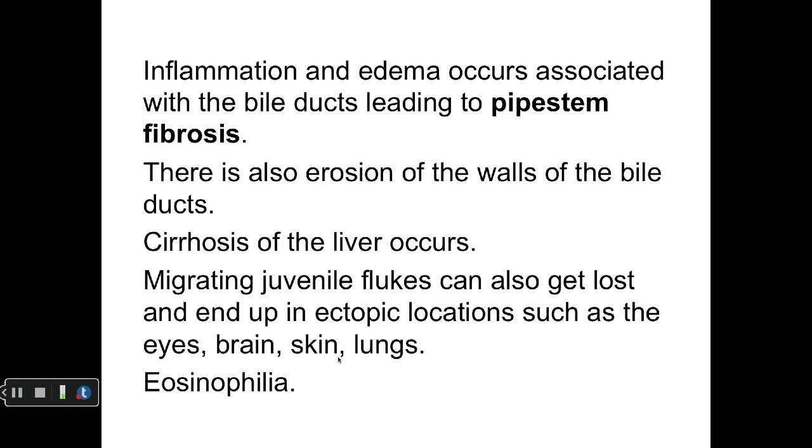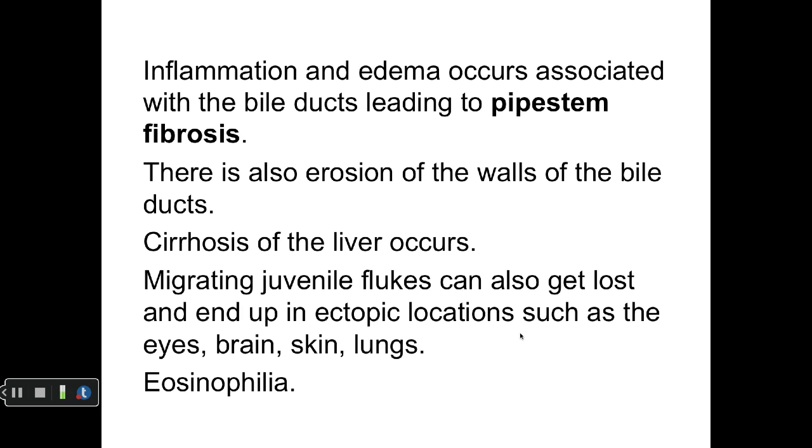So basically the bile ducts have this leukocyte infiltration that causes this thickening of the bile duct wall, and as the wall of the duct thickens, the diameter of the bile duct shrinks and eventually can occlude, which can cause blockage and buildup of bile. There's also erosion of the walls of the bile ducts. Eventually, all this damage results in cirrhosis or scarring of the liver.